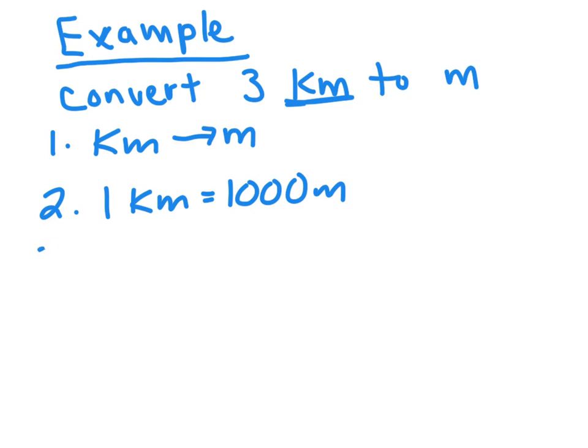All right, now step 3 and really step 4 is going to be to set up and complete my train tracks. So I'm going to draw my train tracks. And remember, I start off with my original number, and I'm going to put it down there in the top corner.